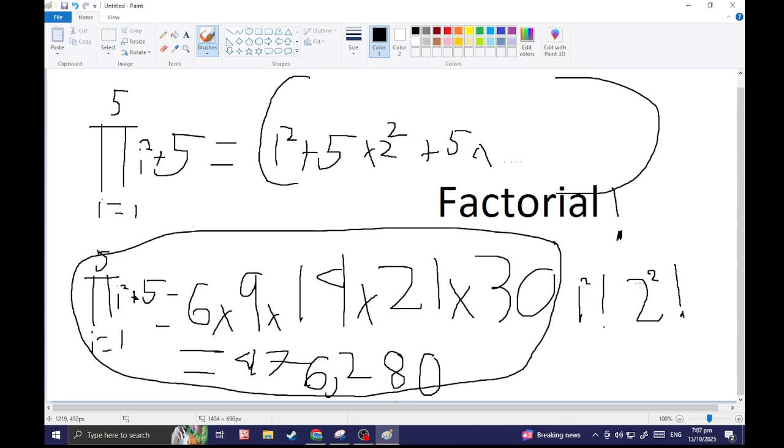So 2 to the power of 2 is 4. So 4 factorial is 1 times 2 times 3 times 4. And 1 times 2 is 2. 2 times 3 is 6.